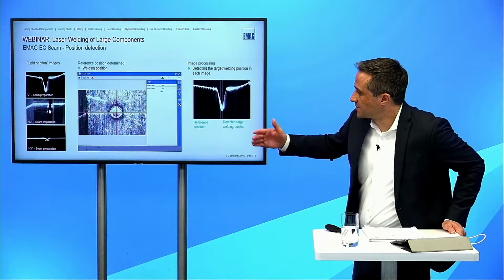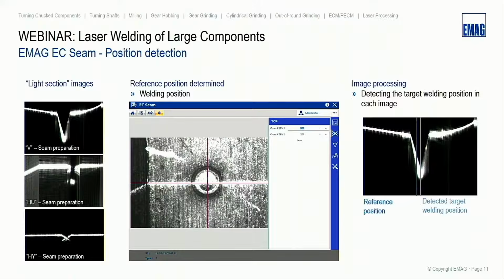How does that system work? First of all we start with a shot, so there's a camera system behind that, and we do a circular rotation of the workpiece itself without welding.